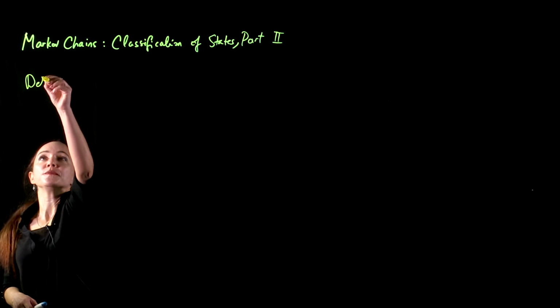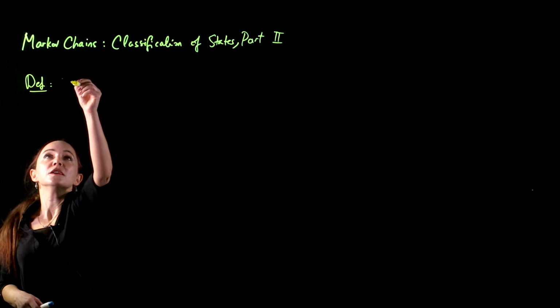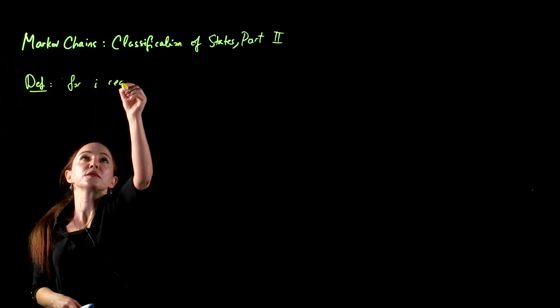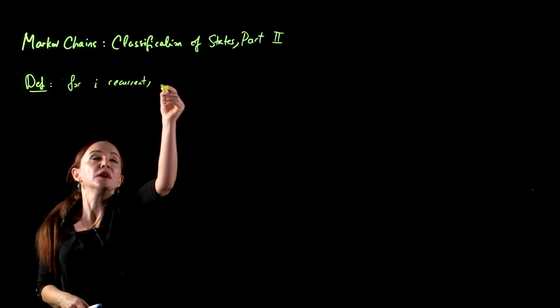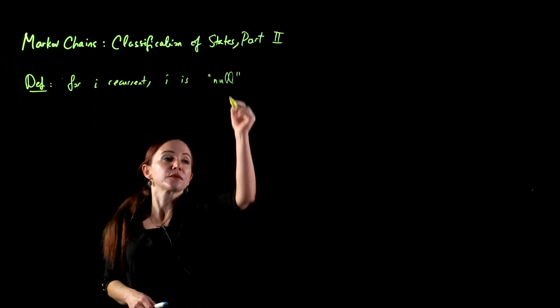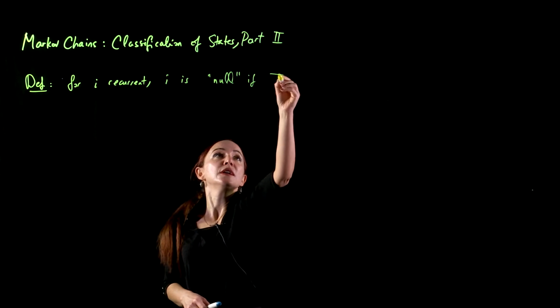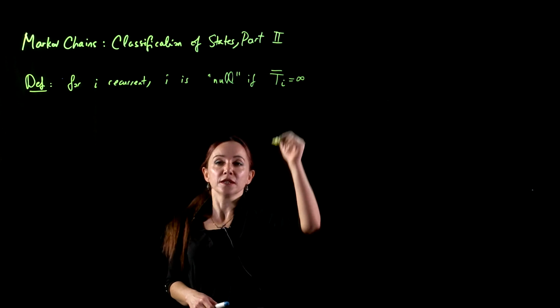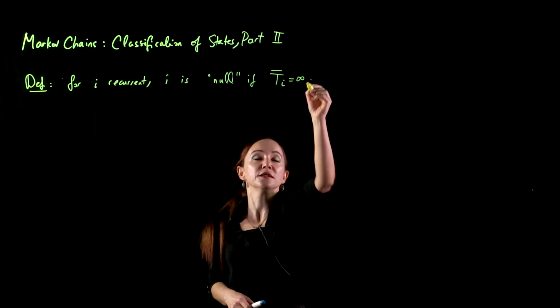First of all, for a recurrent state, for i recurrent, i is called null recurrent if the expected time to return to this state, given that we started in this state, is infinite.